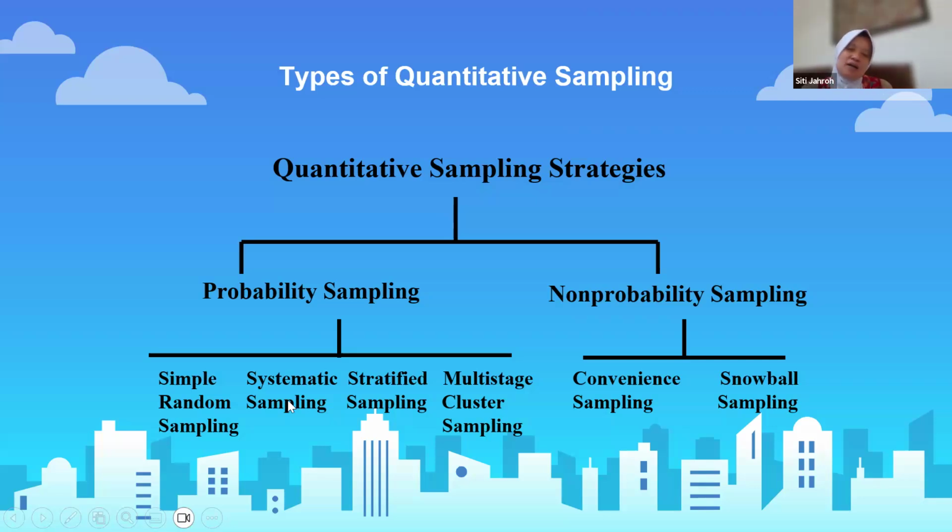While non-probability sampling includes convenience sampling, judgment sampling, or snowball sampling. Okay, anyone will explain? I would like to explain the convenience sampling. I would like to explain the simple random sampling. Anyone would like to explain?